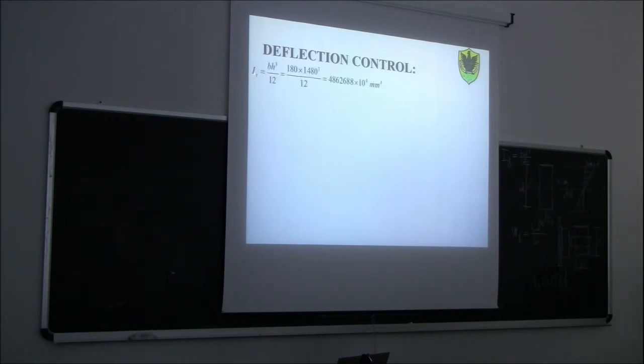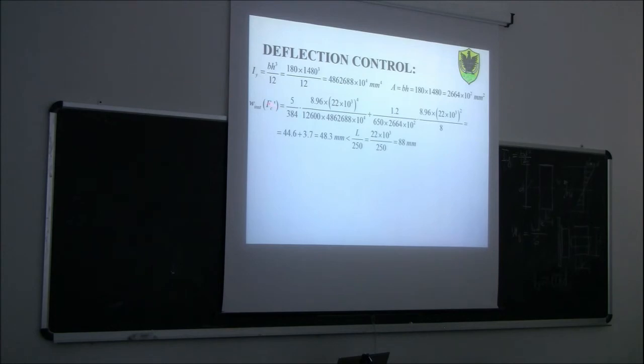So, we calculate now the second moment of area. This you see is millimeter to the power of 4. The area is this value here. Instantaneous deflection, if you put all these numbers within the formula, and again you need to be careful about the conversion. You see in this formula here, this 8.96 are kilonewton per meter. 22, what was this 22 here?